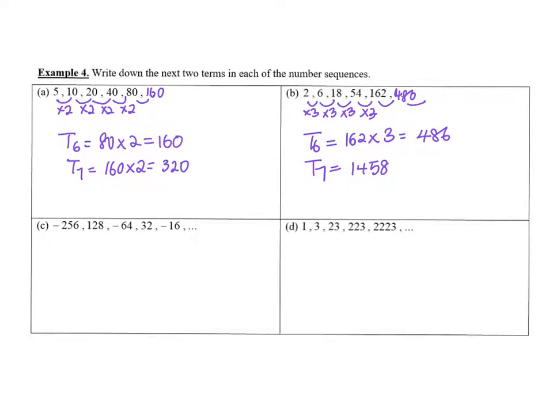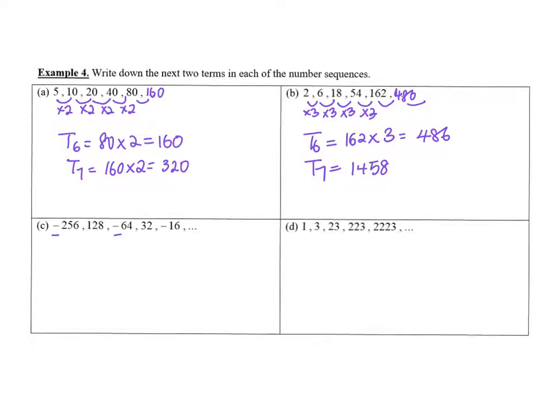Now, part C. What do you observe? Some of them are positive numbers, some are negative numbers. That means a sign changes. And in this case, the numbers decrease from bigger to smaller. So in this case, we'll probably do a division. So how do I get from 256 to 128?